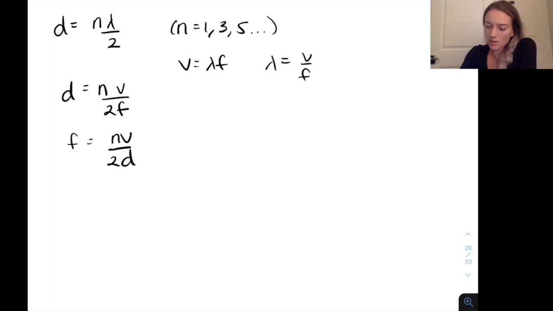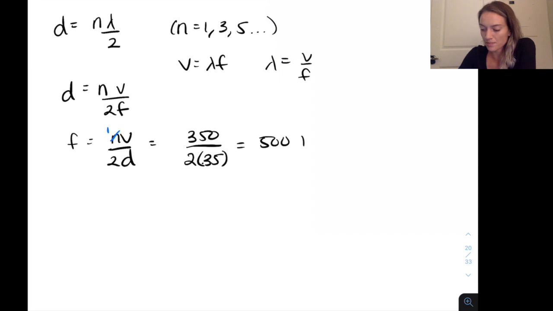So let's solve, like we said, where n is equal to 1. We get 350 was the velocity, over 2 times 0.35, which was our path difference. And then this comes out to 500 hertz.